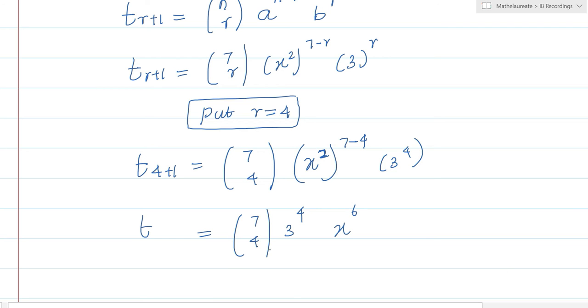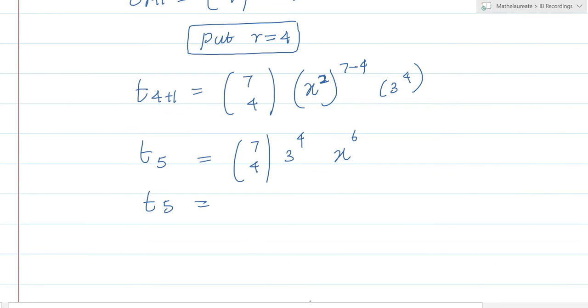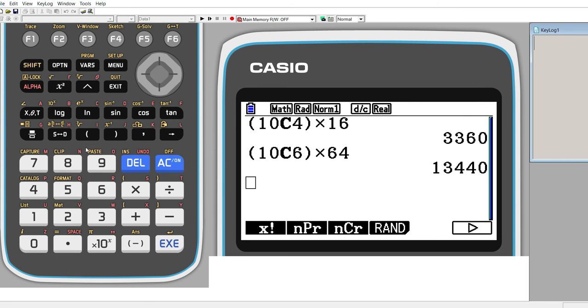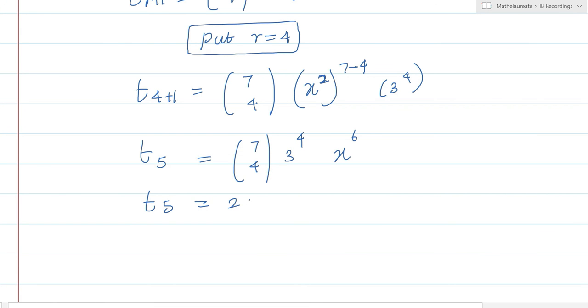It is sufficient to calculate this value using the GDC. The fifth term in this expansion is 7C4 times 81. 2835 is the answer, so 2835 x^6 is the fifth term in this expansion.